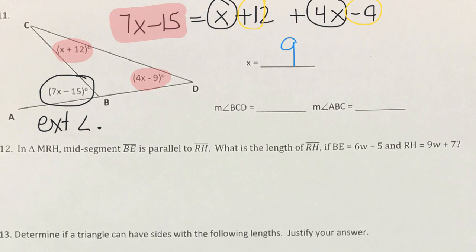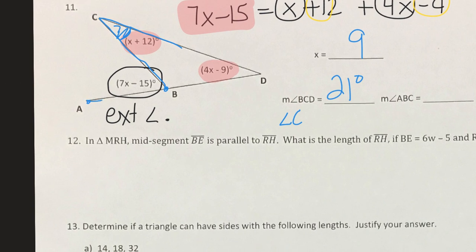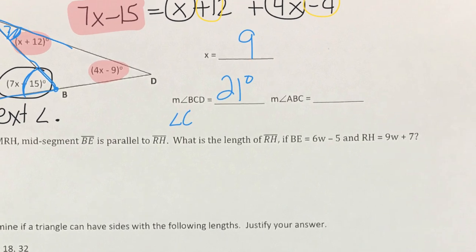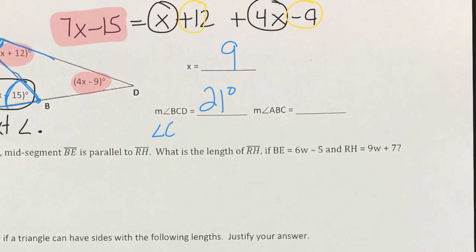And now we're going to find some measures. Angle BCD, right? So we start at B, and you go to C, and then you come to D. So this here is angle BCD, also known as just angle C. It is x plus 12, which is 9 plus 12, so this is 21 degrees. And ABC, here's A. ABC is your exterior angle.